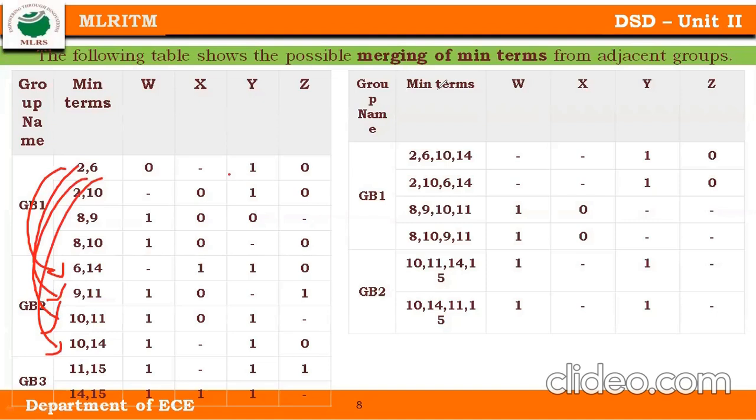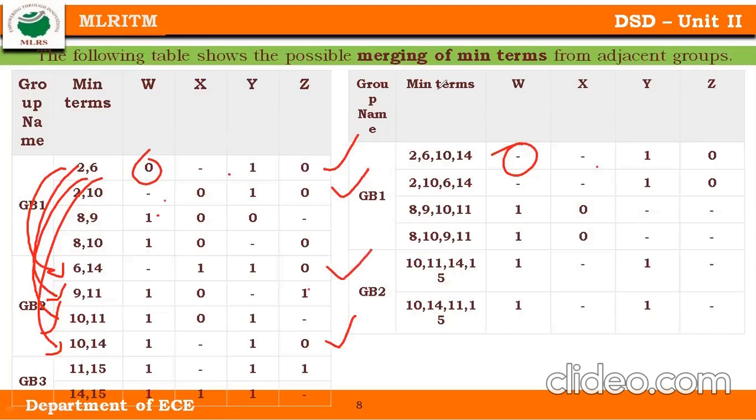2 6 and 10 14, 0 1, okay, 1 change, dash dash no change, 1 1 no change, 0. So here this is the change, so I have marked it with a cross mark. This is already there, 1 0, which means this is paired with this one. Then I need to go for 2 10 with 6 14. Yes, dash dash is there, 0 1 one change is there, 1 1 and 0 0, so dash dash 1 0, so this is also paired with 6 14.